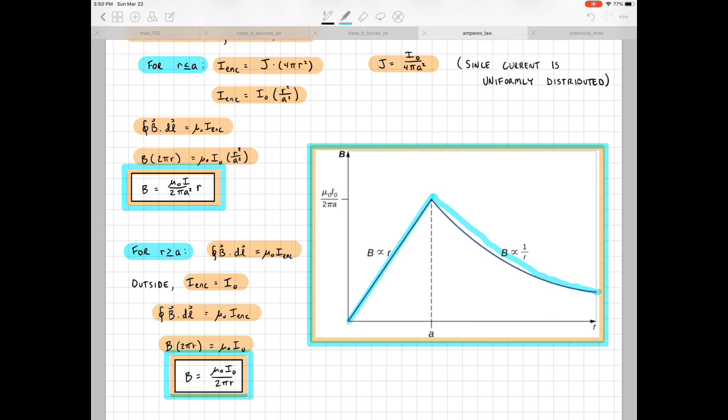All right, so those are two examples of leveraging Ampere's law to solve for the magnetic field. And again, in these cases, we had cylindrical symmetry, so we could immediately pull B out of that path integral, and we could solve for the magnitude of the B field. So anytime you can leverage a symmetry like that, you can immediately use Ampere's law and avoid using the Biot-Savart sort of brute force integral to figure out the magnetic field.